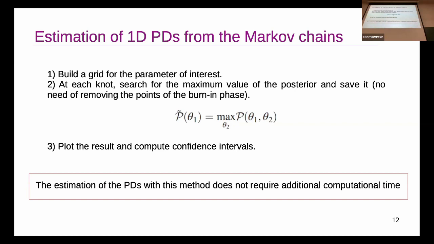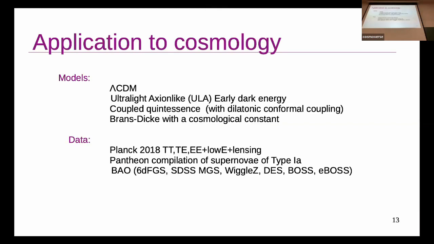So you basically apply this formula, then you plot the result and compute the confidence intervals. This is basically what I've done in the example in 2 dimensions that I showed in the previous slide. As I mentioned before as well, the estimation of the PDs with this method does not require additional computational time.